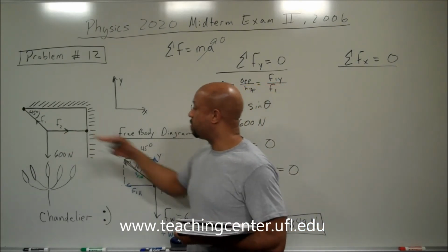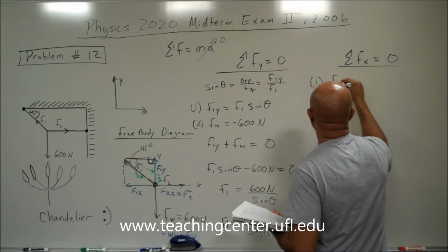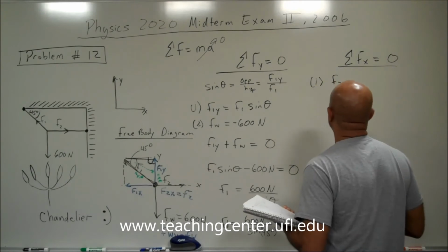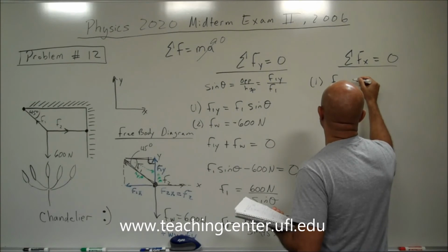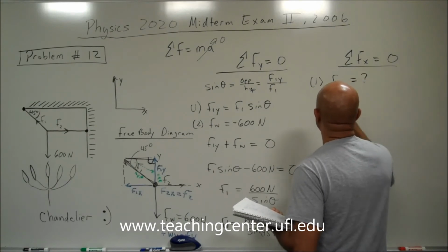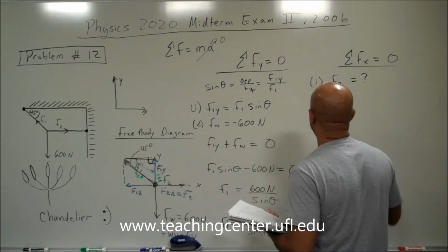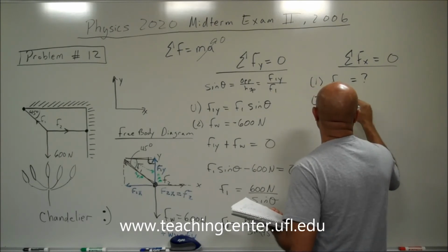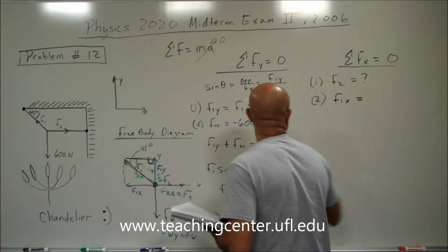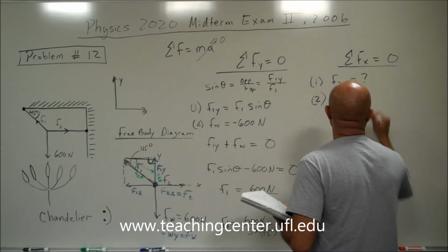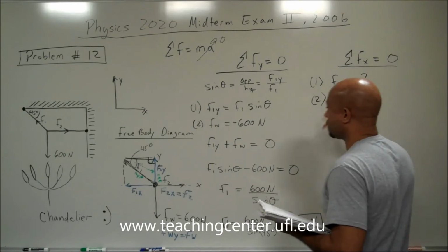We have force 2, which is the second tension force, and we have the x component of force 1. All right, so we have those two forces. But can we find the x component of force 1?